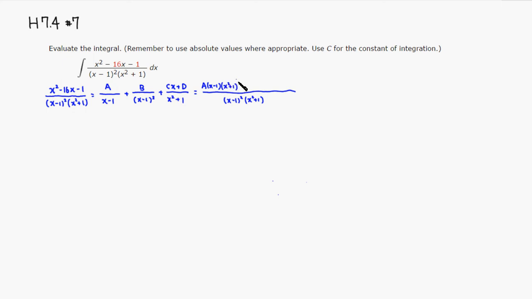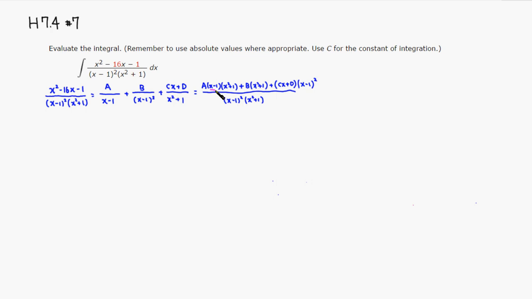Then for b, we need just x squared plus 1. And then you have cx plus d, and this is going to be times (x minus 1) squared.